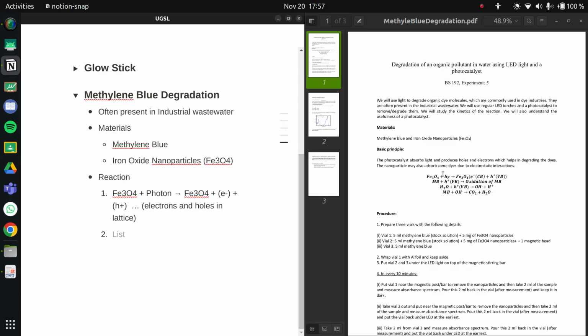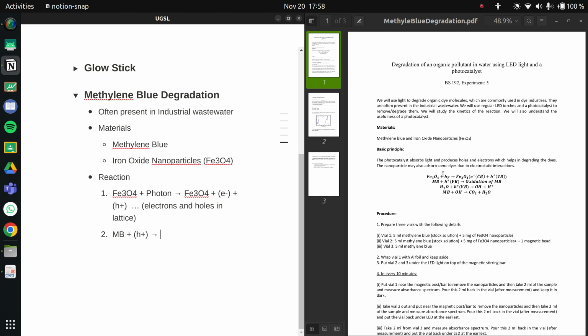Then MB, so methylene blue, plus hole. I don't know what the other one is though. So that gives oxidation of MB.